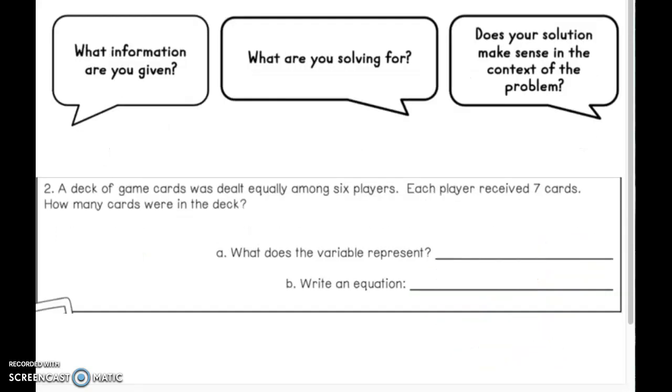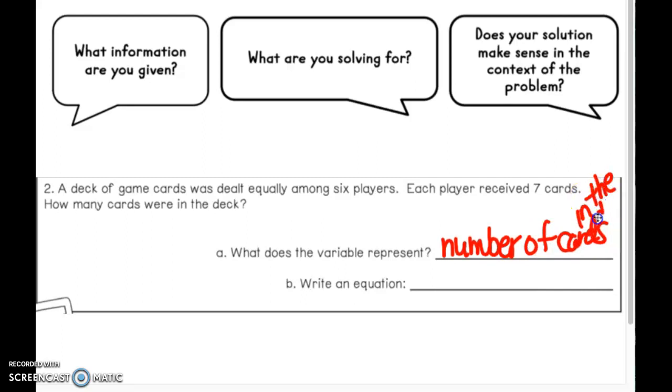Again, think about what are we given, what are we solving for, and does this make sense? A deck of card games was dealt equally among 6 players. Each player receives 7 cards. How many cards are in the deck? So 6 players. The variable is going to be the number of cards in the deck.